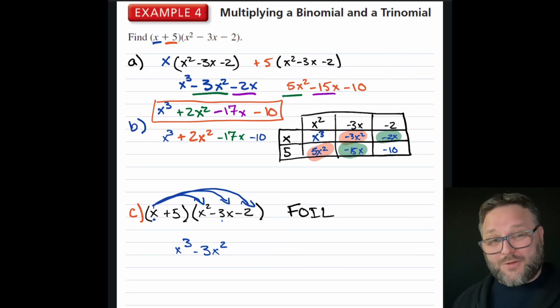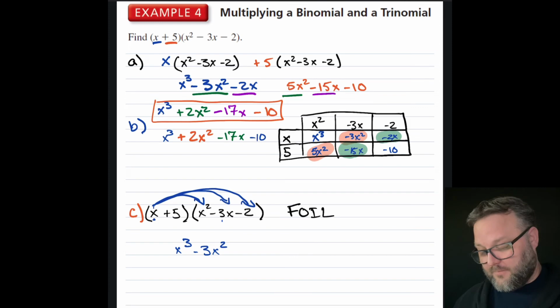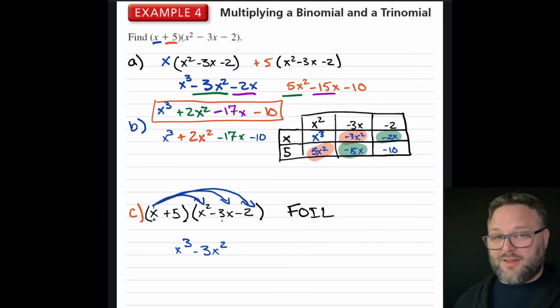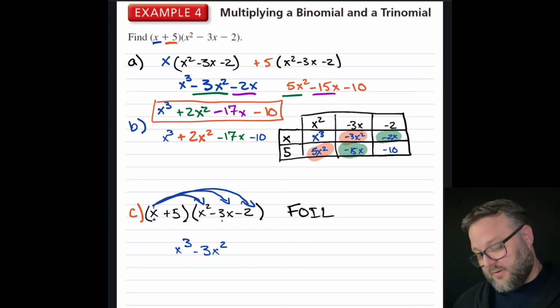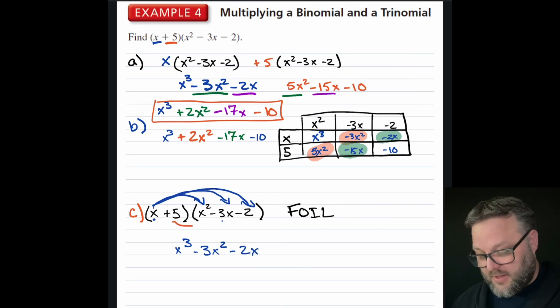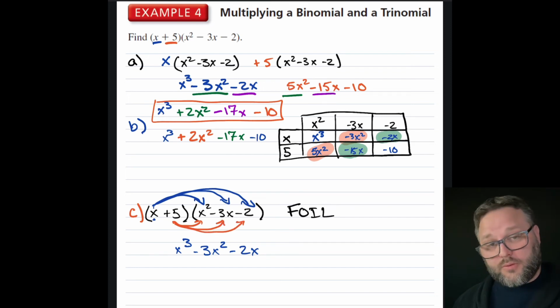So my first multiplication is x times x squared, and that gets me x cubed. My second multiplication is x times -3x, which gives me -3x squared. And x times -2 gives me -2x. After that, I'm going to take my second term and multiply it by each term in the other group.